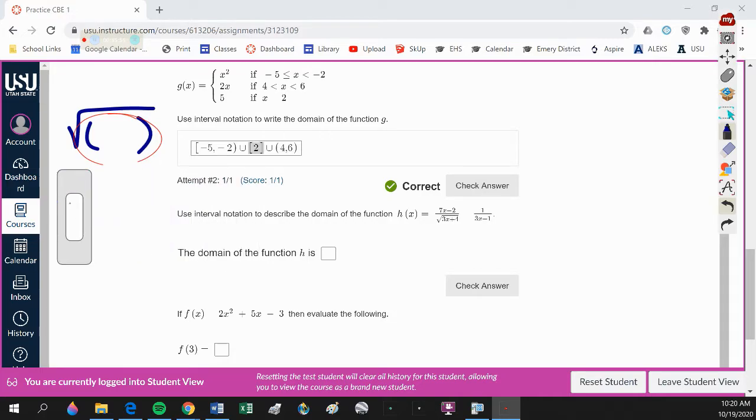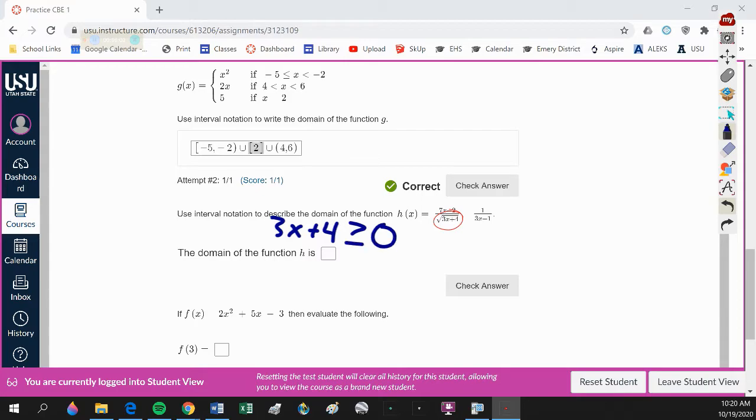So over here, this tells me 3x plus 4 must be greater than or equal to 0. Right, but I also know that 3x plus 4 cannot equal 0, because if it does, then the square root equals 0, and since it's in the denominator, the whole denominator would equal 0, so I need to go in and get rid of that. Do you guys understand that one? Normally it's greater than or equal to 0 unless it's on the bottom, and then it's strictly greater than 0.